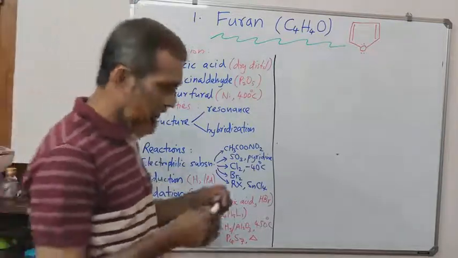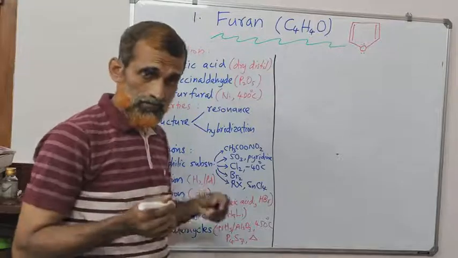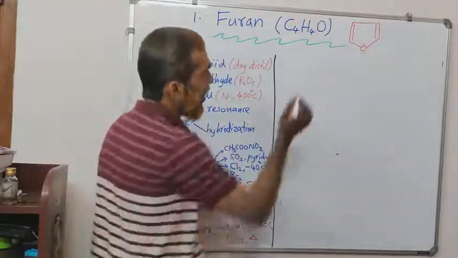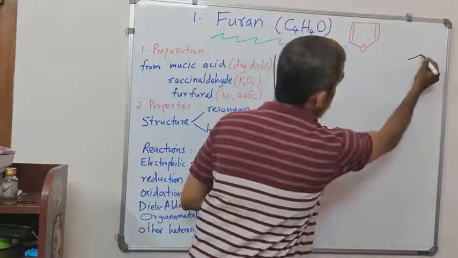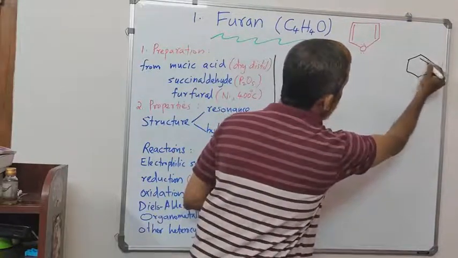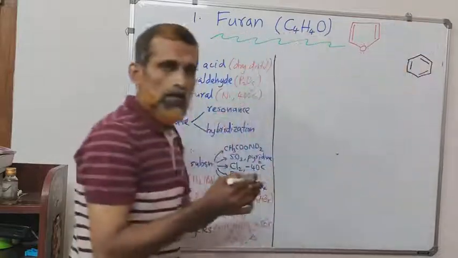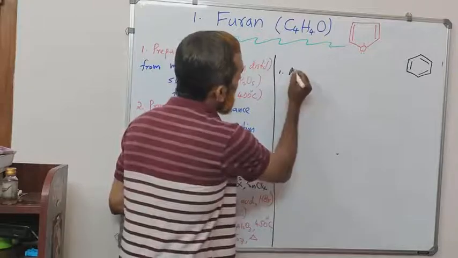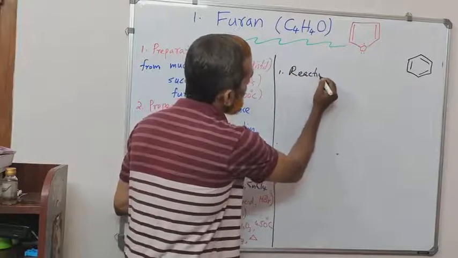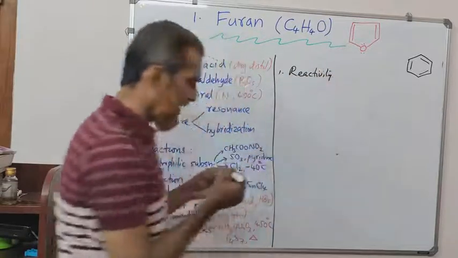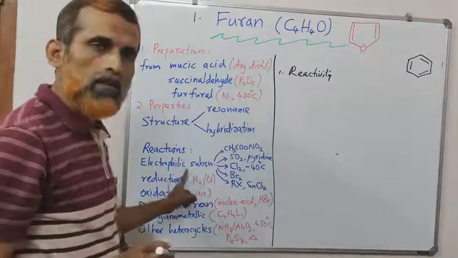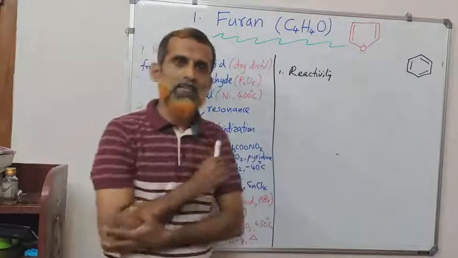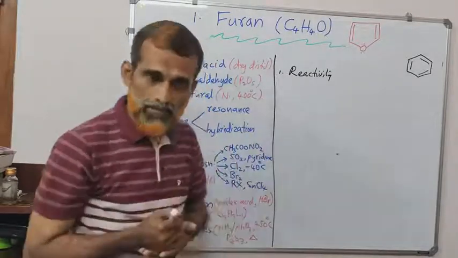Before we go to the electrophilic substitution reaction, how do we compare the reactivity and orientation of furan with benzene? We know benzene. Between furan and benzene, what about the reactivity towards electrophilic substitution reaction? Whether it is more reactive or less reactive. What do you think? Interestingly, it is more reactive.